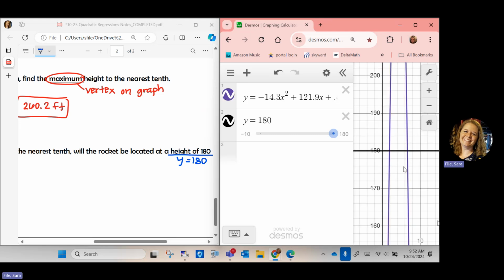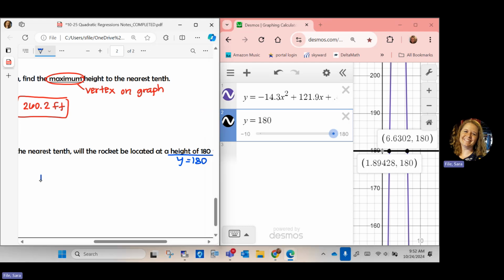Here it is on my graph, and I'm looking for the x value there. There are two answers, and it says round to the nearest 10th. So it happens at 1.9 seconds and at 6.6 seconds.